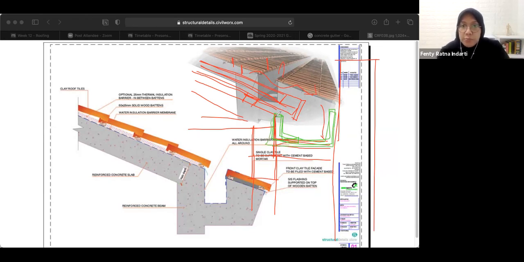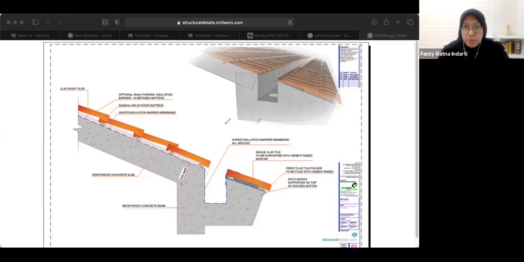So usually I put it higher. If you take a look at the other part, wait, I will draw it. For example, if you have the roof finish here and all the roof structure here, I usually put it a little bit higher so that I can add the gutter here.